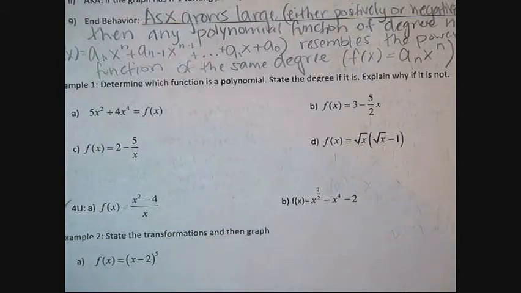And then B, all of our exponents should also be whole integer numbers. Okay, so no fractions involved in our exponents. Our third criteria dealt with the coefficients of our functions. The coefficients should also be real numbers. Okay, and that was all of our criteria. So let's go look at example number 1.